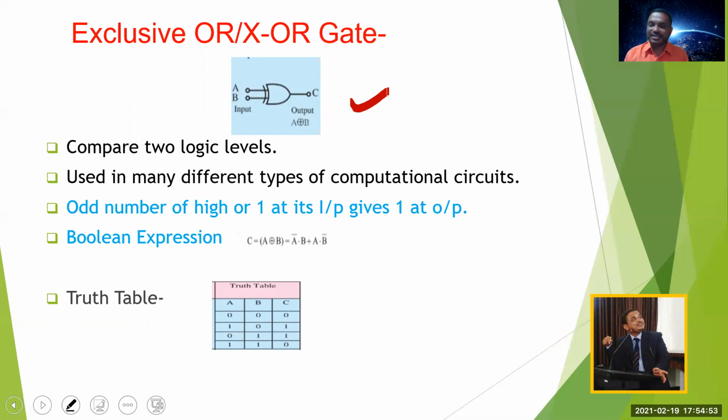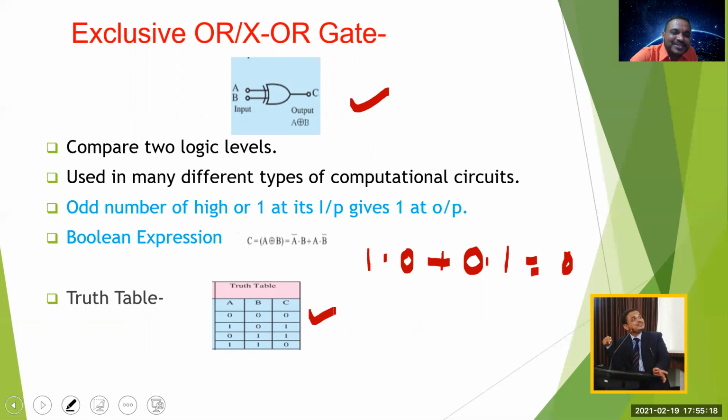If the input A is 0, B is 0, let us verify the truth table. A is 0, so A bar is equal to 1, into B is 0, that is 1 into 0, plus A, that is 0, into B bar, that is 1, which is equal to 0.